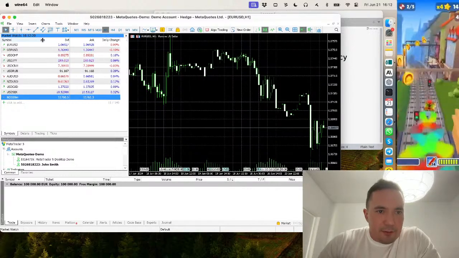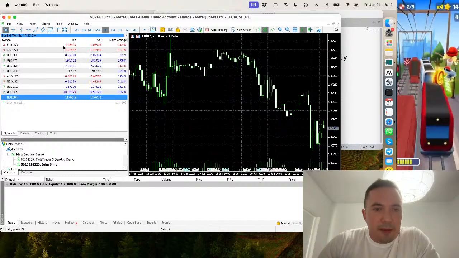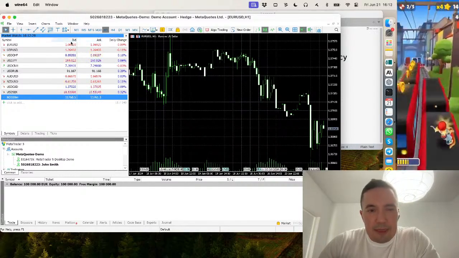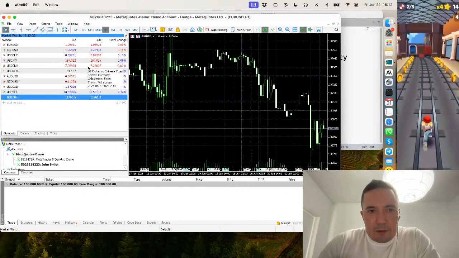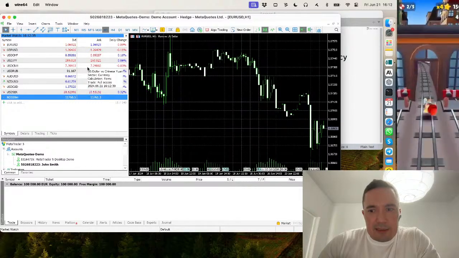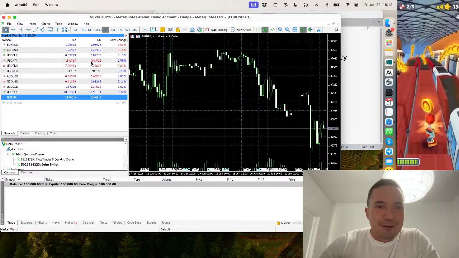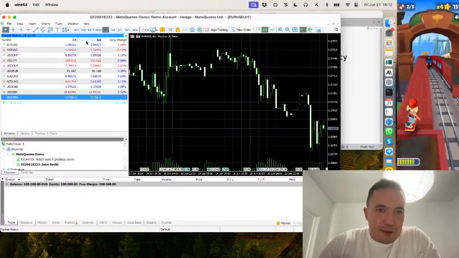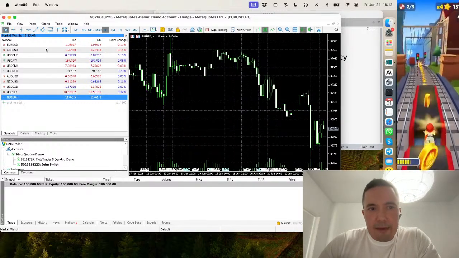So, what else is here for the instruments? It's just a list of things that we can buy and sell. Here we have two columns of numbers called bid and ask. What is bid and ask? Oh, okay, we'll not wait for any answers. Ask is the price at which you could probably buy this instrument.